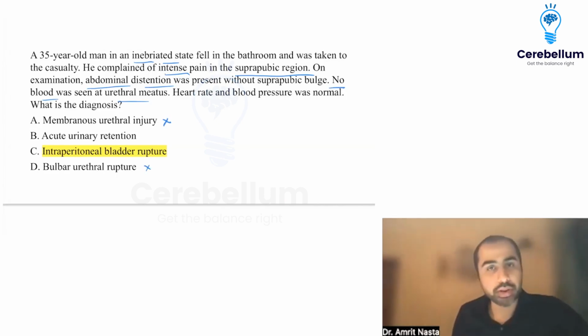So you have ruled out urethral rupture straight away. And he is unable to pass urine and abdomen is distended, which means it is intraperitoneal rupture leading to peritonitis. Right. So the diagnosis is going to be intraperitoneal rupture with peritonitis. That's how you have diagnosed it.